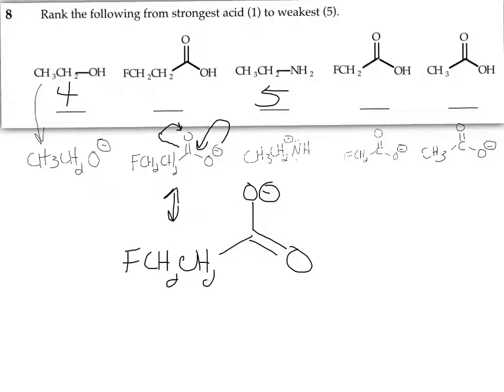Now we need a way to differentiate between these three. And we'll notice, of course, that these two have fluorine in them, and this one does not. If we look at this, the fluorine is more electronegative than carbon, so there's a dipole on that bond between carbon and fluorine. We can draw that in to remind ourselves.